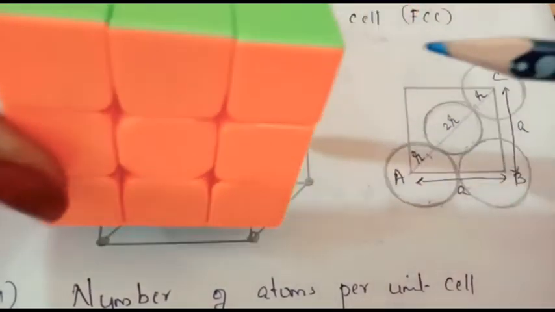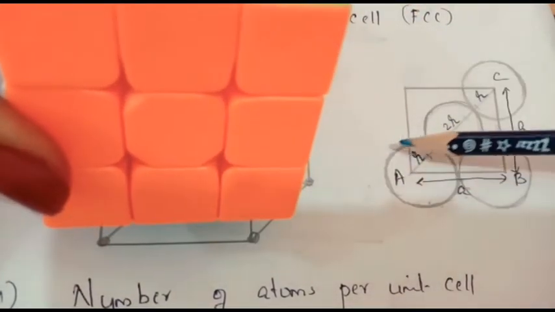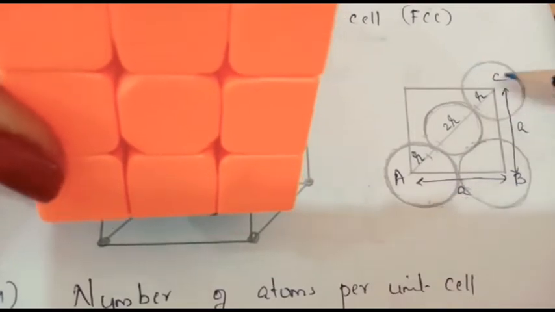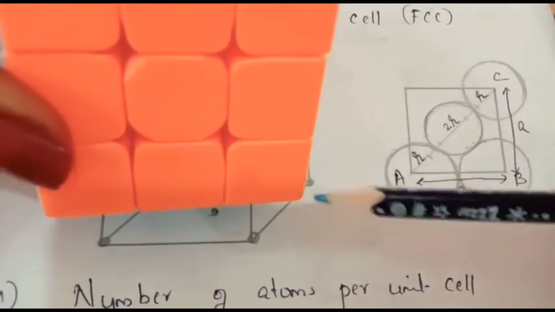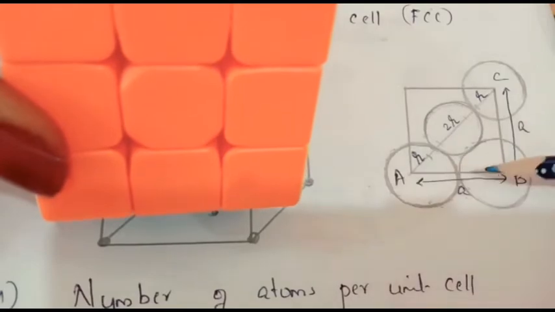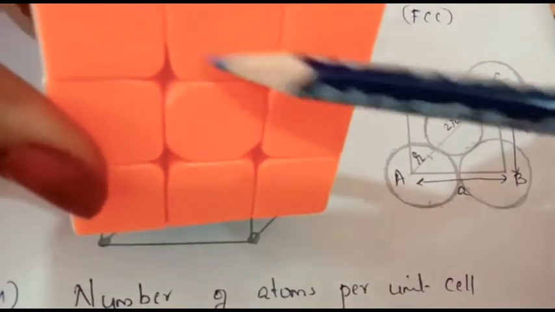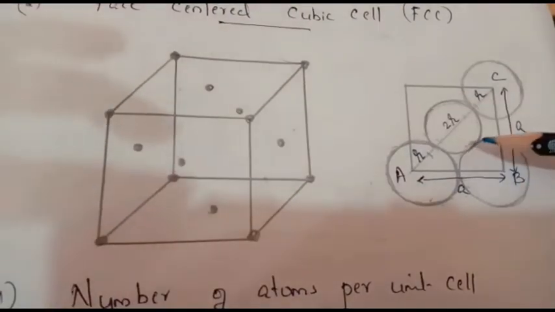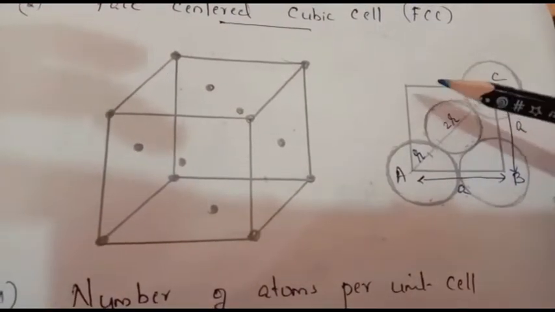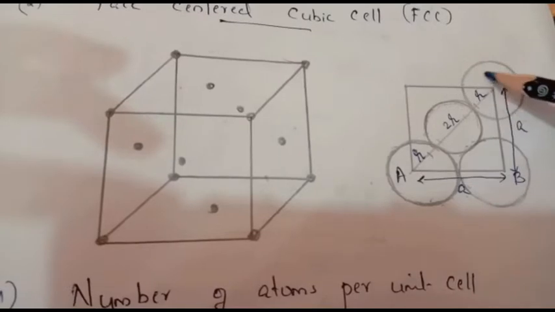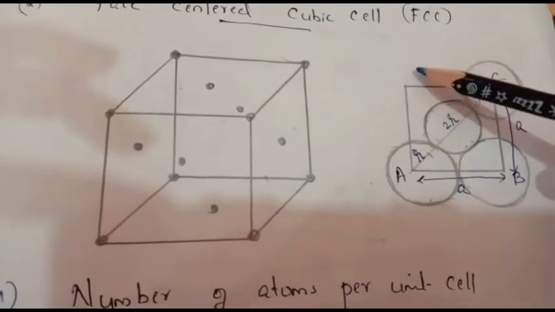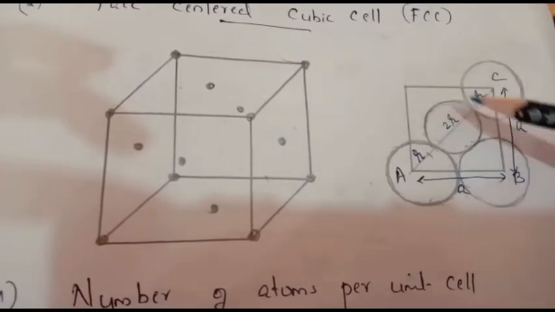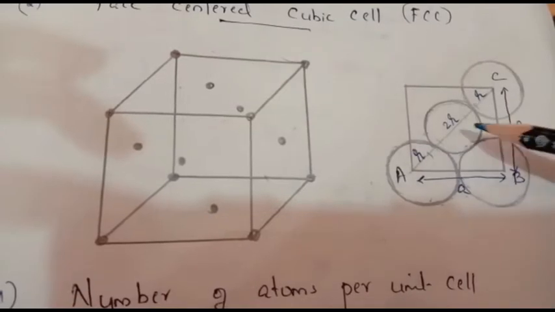These corner atoms are represented, and this face center atom is represented here. So in the face, there are 4 corner atoms, and then one atom in the center of the face.